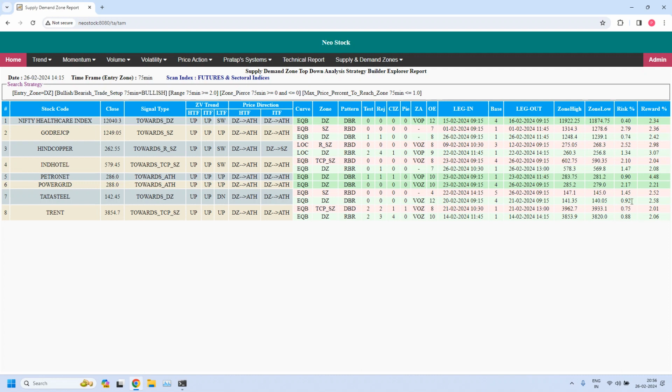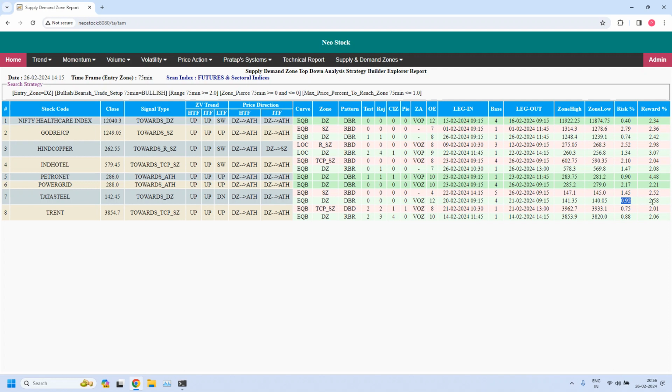The Tata Steel, 0.92%. And if you reduce this risk either to the type 2 entry or maybe one of the fine-tuned zones at 15 minutes or 5 minutes area, probably your risk will be minimized. You get a very good reward. Already it is having close to 3% reward, 1:3 reward, very close.